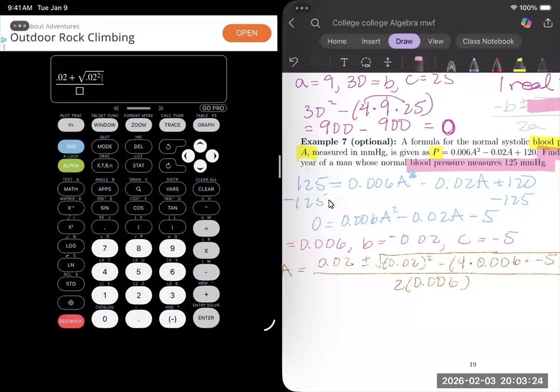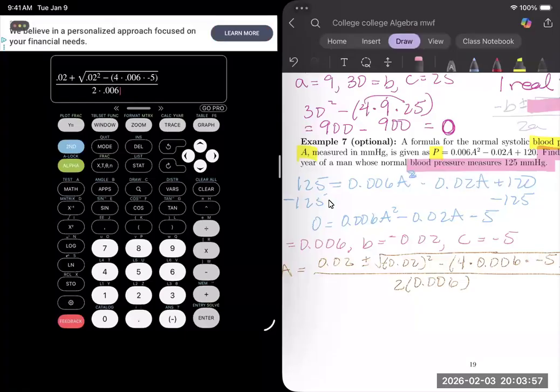We don't really need to worry about the negative because the negative times the negative is the positive. And then minus parenthesis 4 times the 0.006 times, now use your negative button, the one in the bottom right to the left of the enter button, -5, close parenthesis. Then I'm going to drop down to the denominator, 2 times 0.006. I'm just double checking I got all of my things in there appropriately. It looks good. Enter. There it is. Perfect.